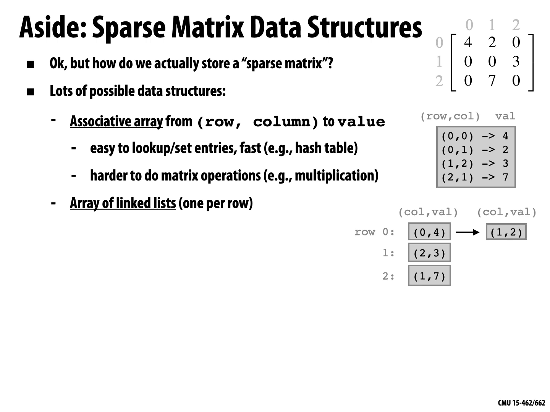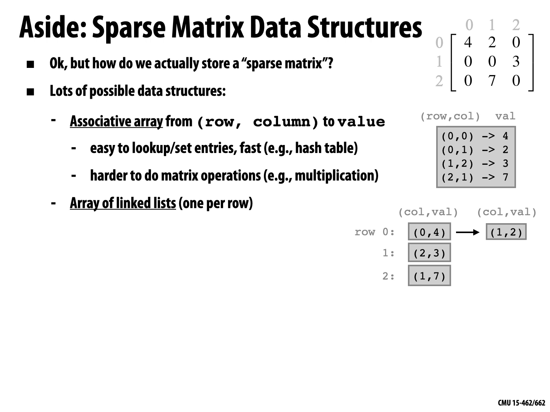So for our matrix here, for instance, in the first row, I have the entry 4 in the column 0, and then I have a pointer that goes to the next entry, the value 2 in the column 1, and then maybe I have a null pointer terminating that list. In the next row, I just have one non-zero entry, so I store that entry and then a null pointer, and then in the next row I have one entry.